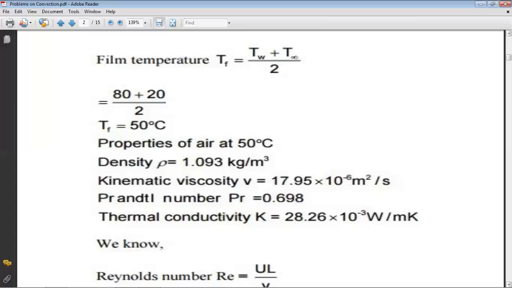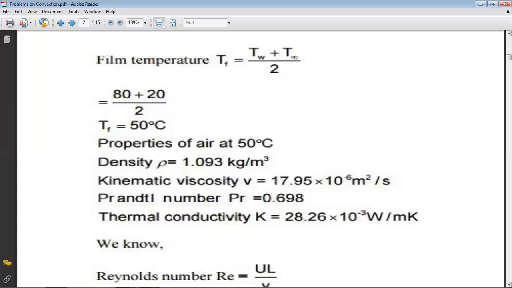Then thermal conductivity is 0.02826 watt per meter Kelvin, or 28.26 into 10 to the power minus 3 watt per meter Kelvin. So we can avail these property values from the data handbook.